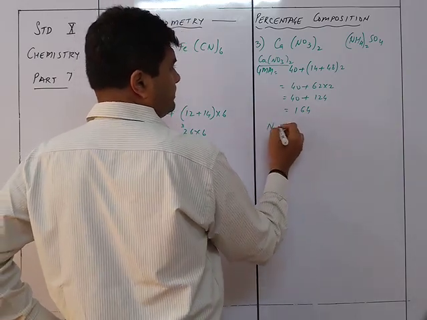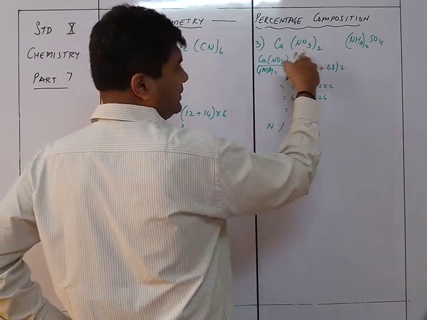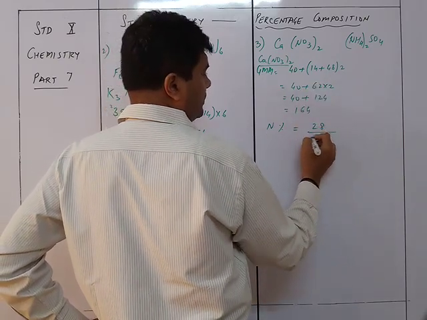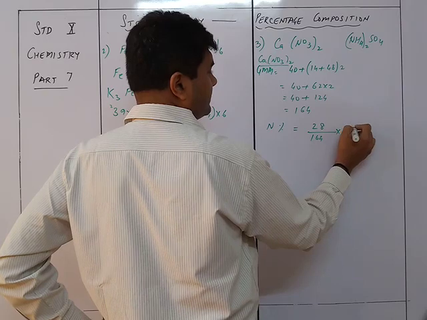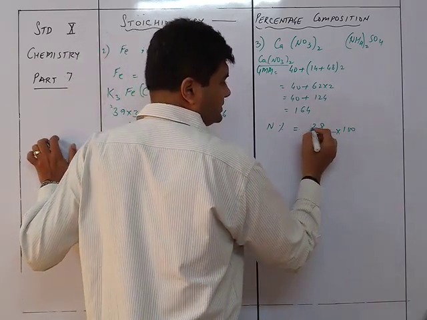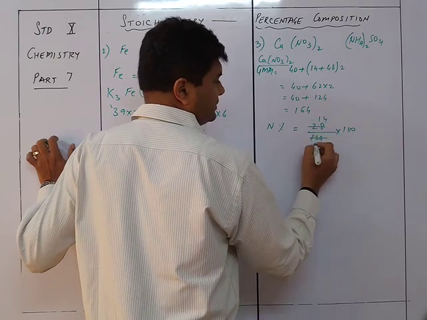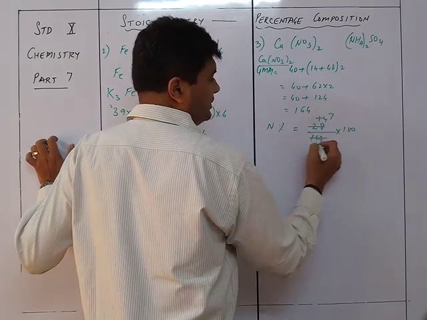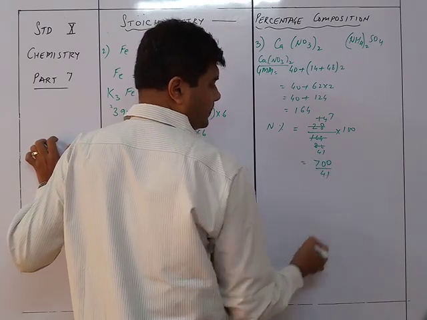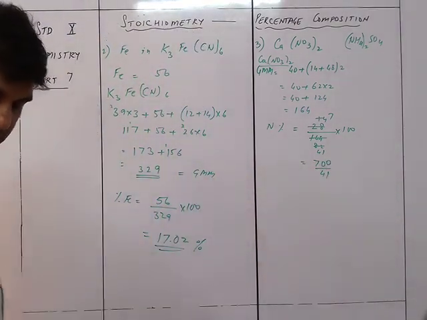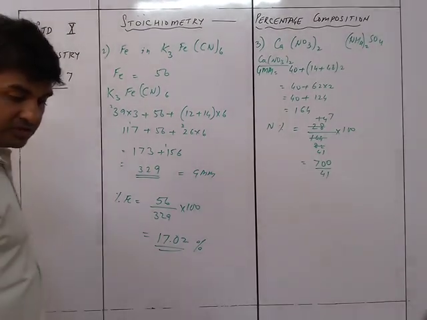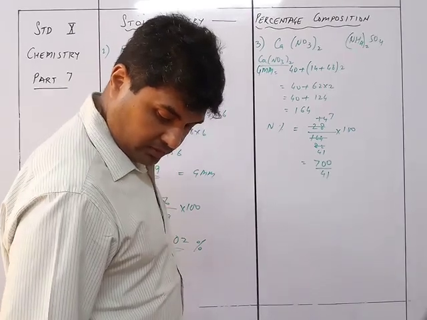So for N%, N is 2 over here, so N% is equal to 28 upon 164 into 100. Okay, that gives you 14s are, this is 82, then 7 and then 41. So it's 700 upon 41. So 700 divided by 41 is 17.07.